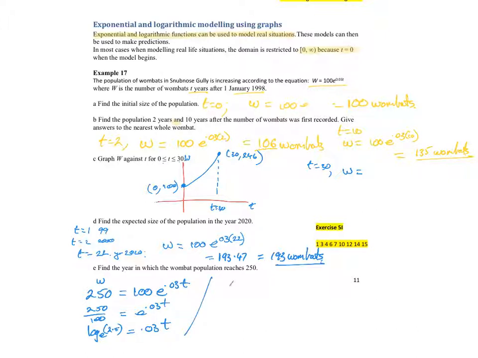So t will equal natural log of 2.5 over 0.03. Now, we could have quite easily just gone straight for the solve button, and that would have been fine, but I just thought it's worth showing you how you might need to solve it in a tech-free environment, and that's 30.54 years.